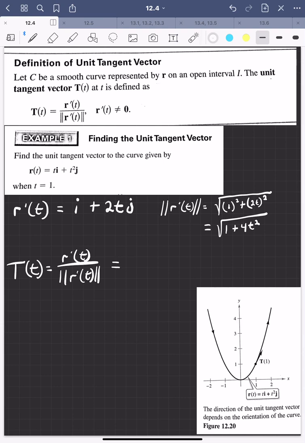My thought would be to write it like this: 1 over the magnitude of r prime of t, times r prime of t. You'll find that even when you're looking up your answers in the back of the textbook, they're normally going to be written the way that I have it here.